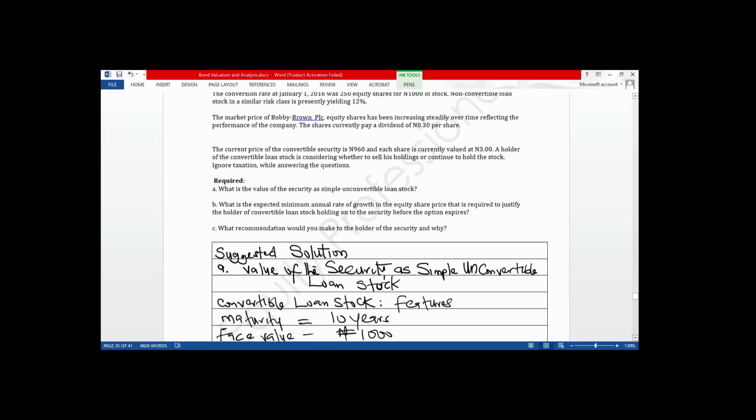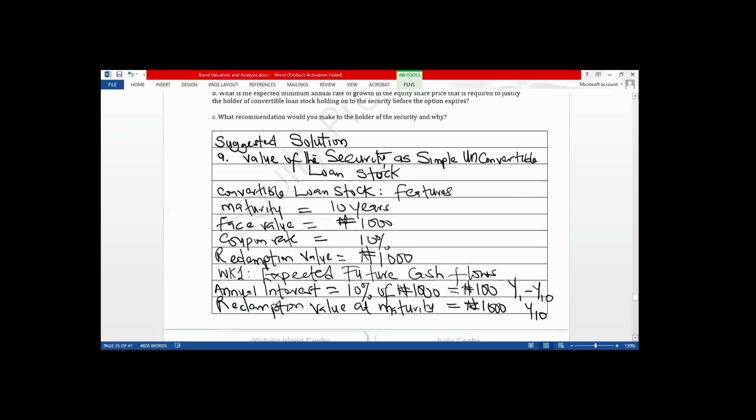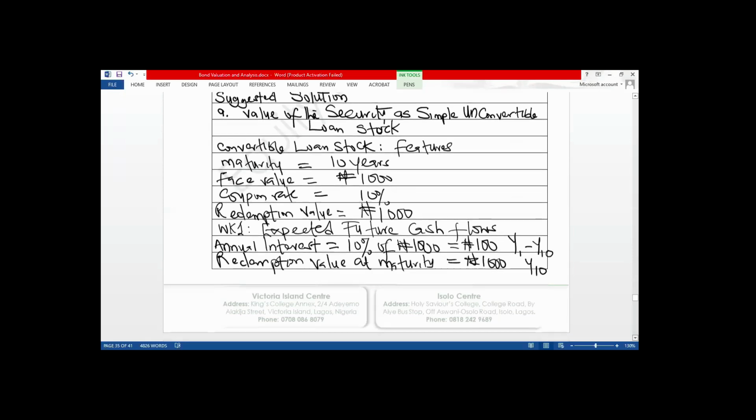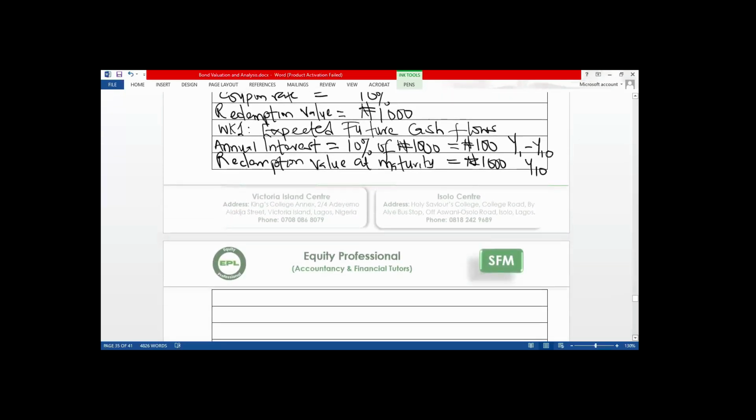Examiner will always give you this rate when you are dealing with a convertible bond. So we can come here.